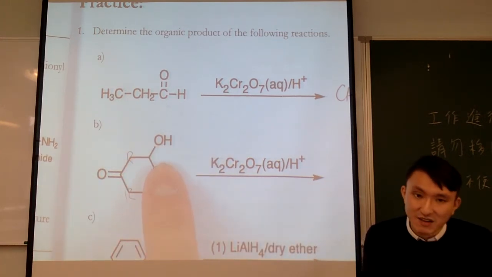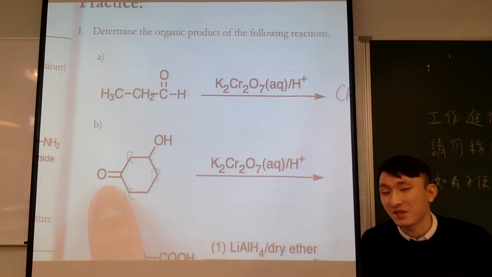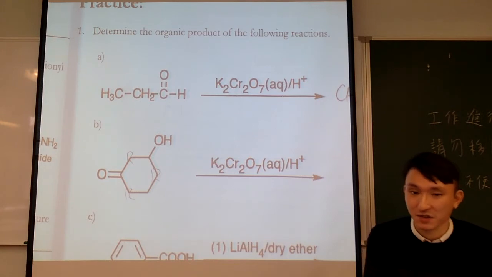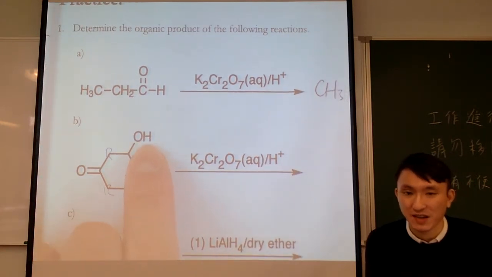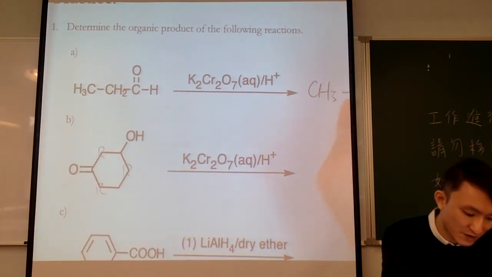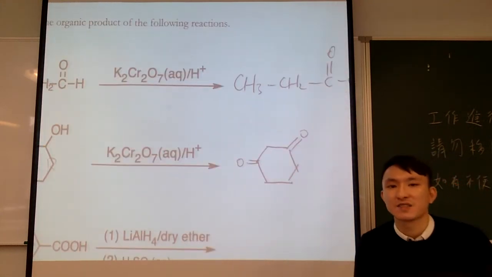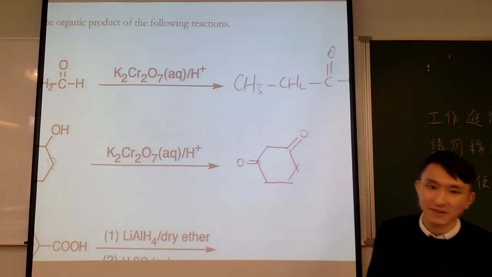The secondary alcohol, of course, will undergo oxidation to form ketone, but can ketone undergo further oxidation to form carboxylic acid? I don't think so. So it turns out that there is only one reaction going on with the hydroxyl group here. Therefore, the product would be like this, a diketone.